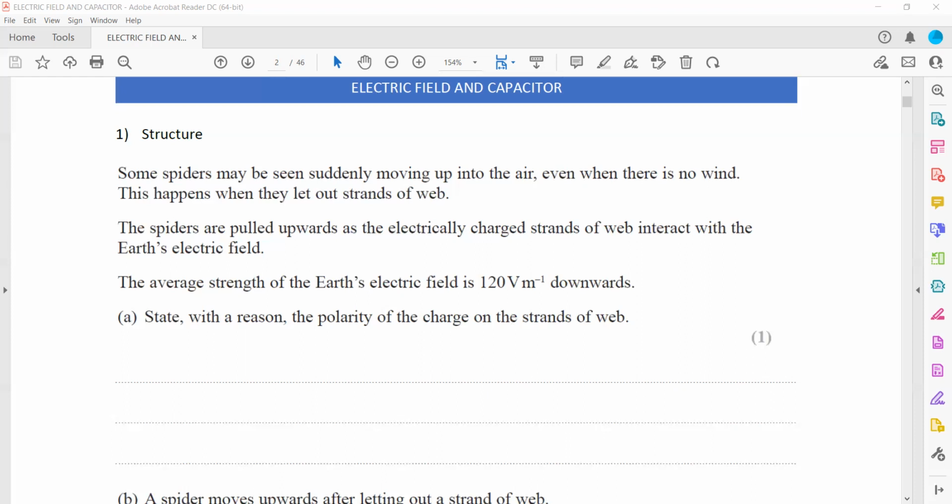So what will be the polarity of the charge on the strand of web? As you can see, the average strength of the Earth's electric field is 120, which is downward.